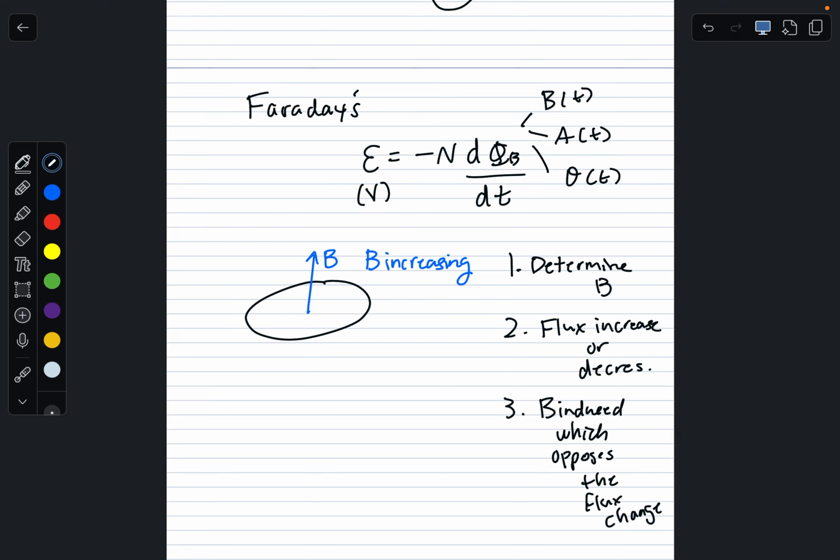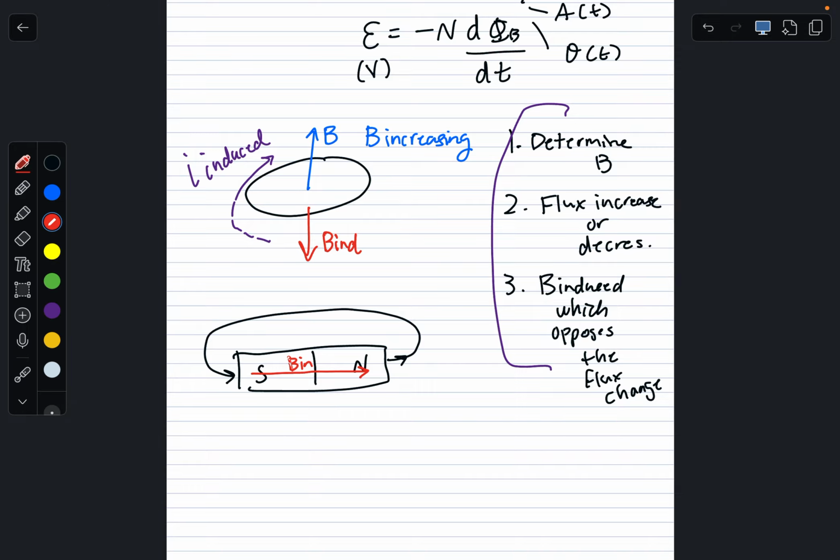We didn't review that. So B fields point out of north poles and go into south poles, okay, on the outside. And then remember we had this discussion, on the inside, they go from south to north, right? Inside the object, they go from south to north, but outside the magnet, which is what we care about, it flows from north to south, okay?